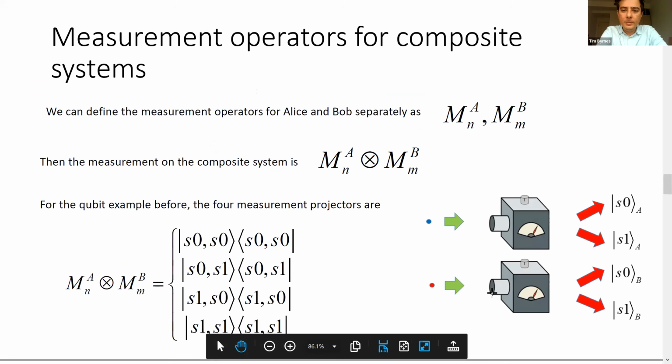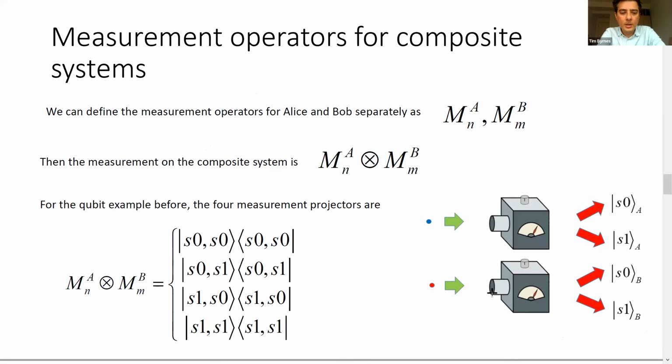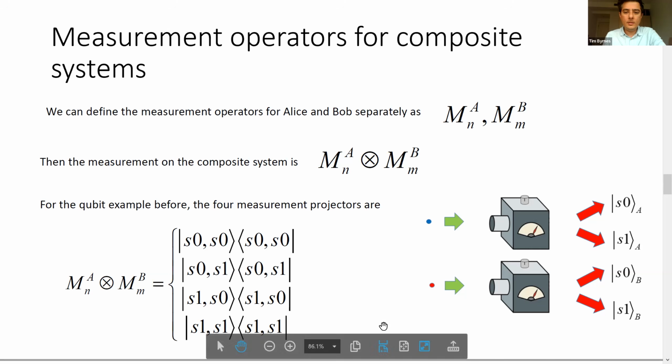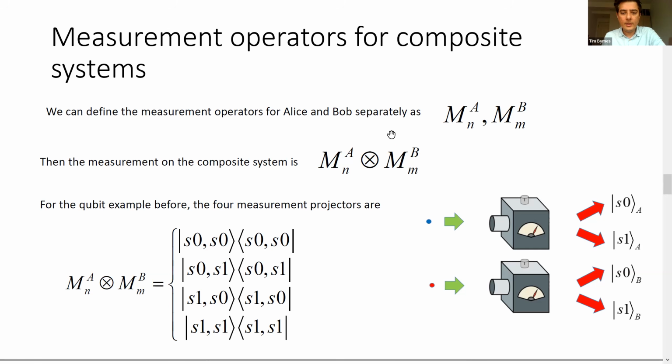And we looked a little bit about how measurement operators are made. Basically the way that they're made is by combining the two operators for the two individual measurements.